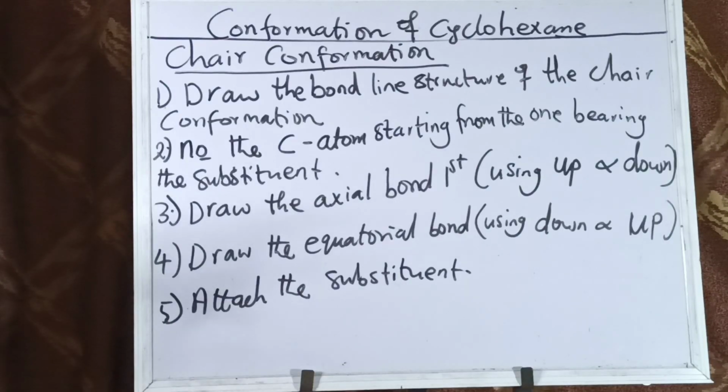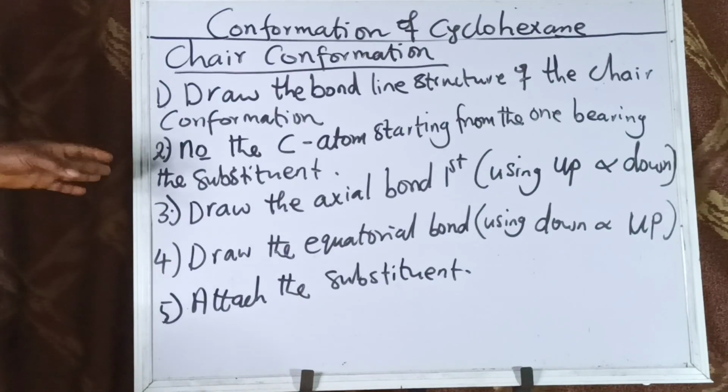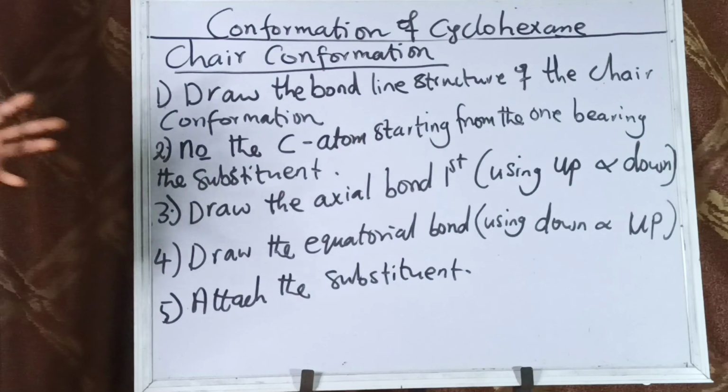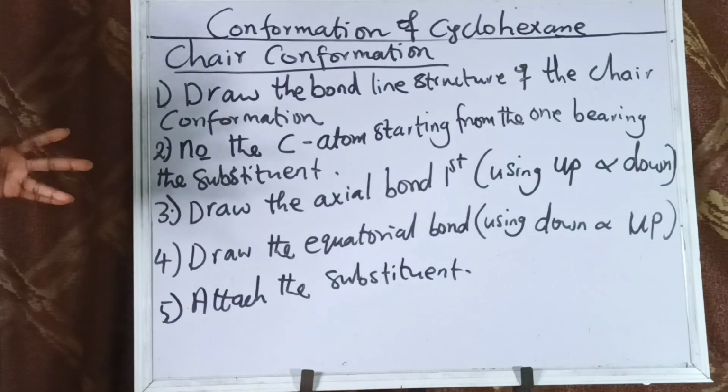Because of time, I'll just go straight to give you a hint on how to draw the chair conformation of a cyclohexane. There will be two bonds that we are going to use here: axial bond and equatorial bond.